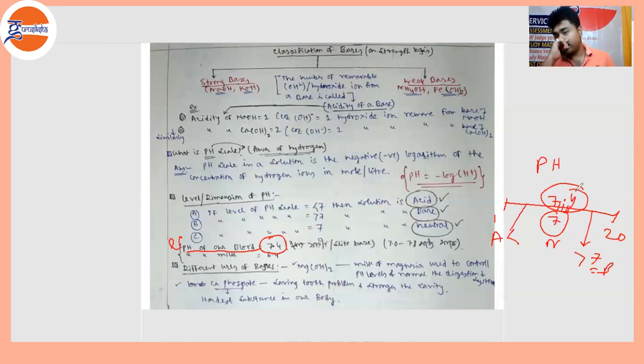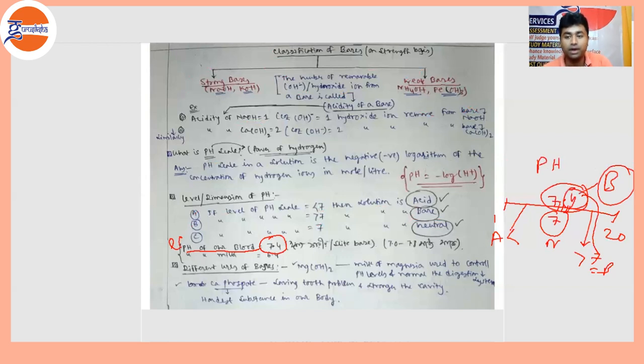So our blood is a mixture or solution of acid as well as base. It is more or less neutral in pH value. But due to the 0.4 fraction, it is called base, but a slight base.